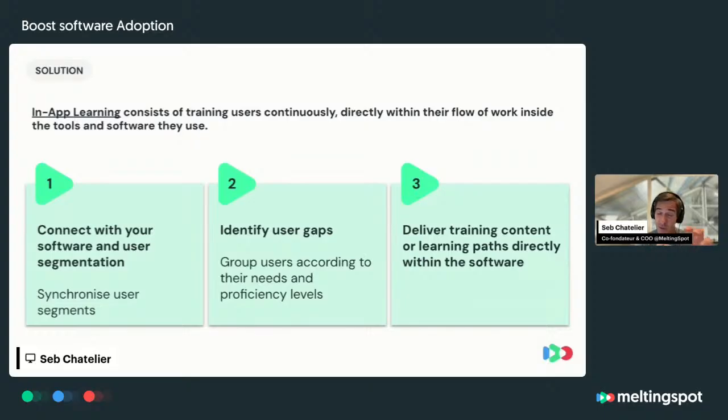And those gaps might not be the same for your different segments. Someone new to your CRM probably needs to be trained around how to create an opportunity, how to use your pipeline, how to properly use pipeline stages. Someone more advanced will likely be more interested in dashboards and reports.